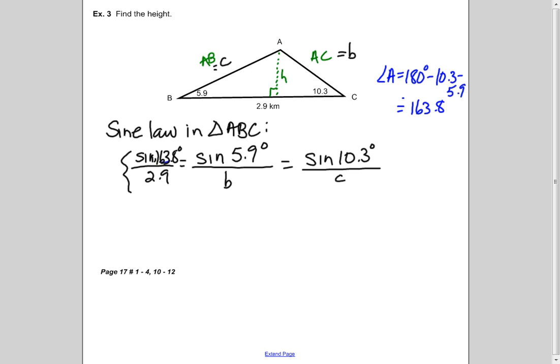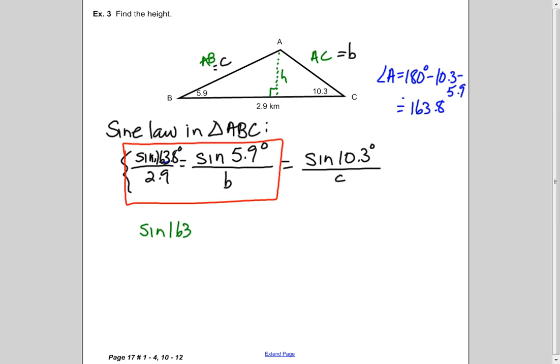I can solve for either B or C. Well, just because they're side by side and a little easier to read, I'm going to solve that ratio for side B. Okay, I'm going to rewrite it so we can read it. Sine 163.8 over 2.9 equals sine of 5.9 over B.